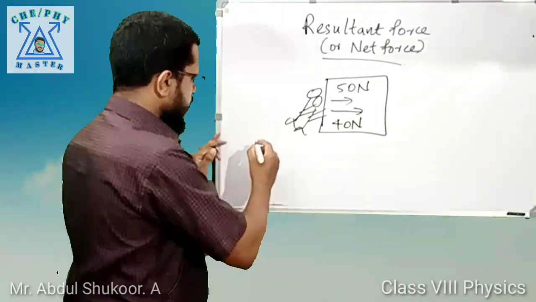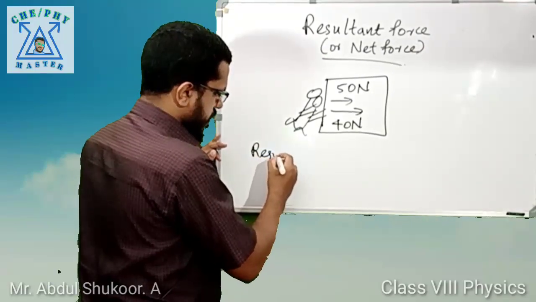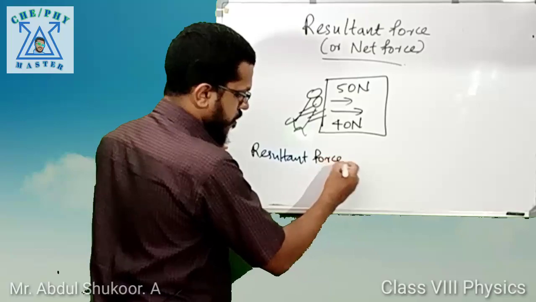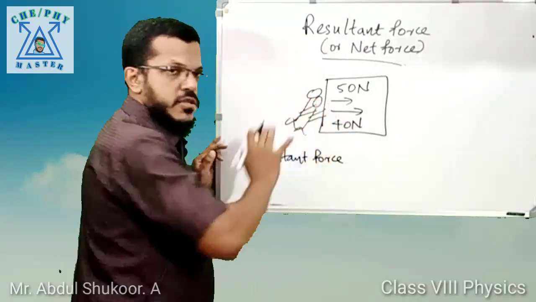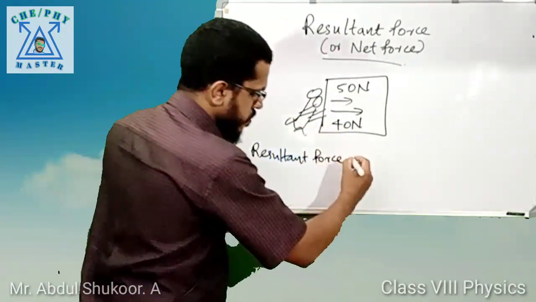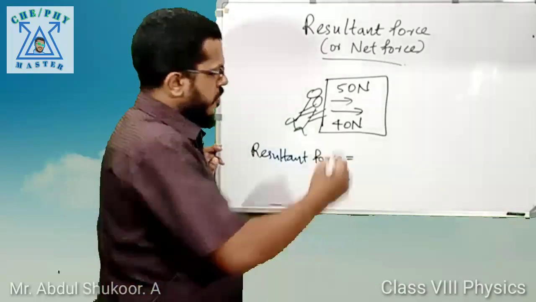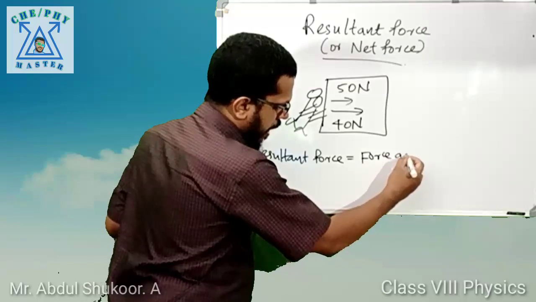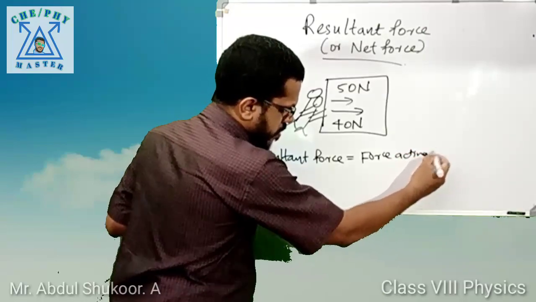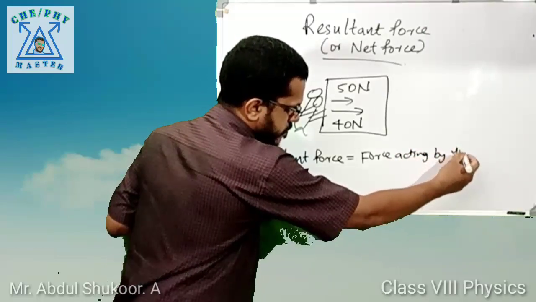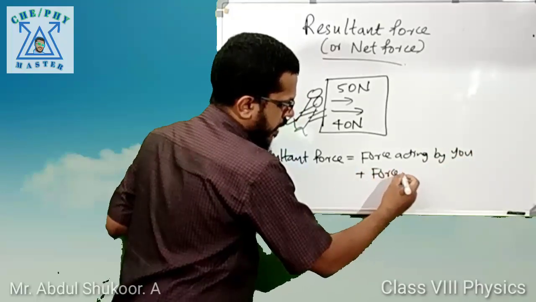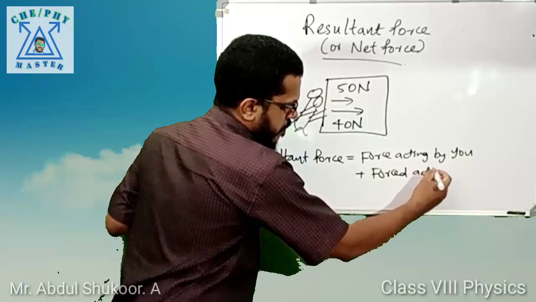That is, resultant force or net force or total force acting on this box is equal to the force applied by you plus the force applied by your friend.